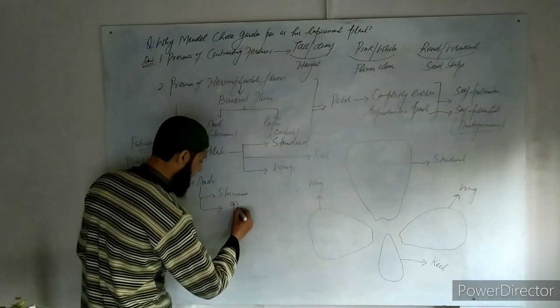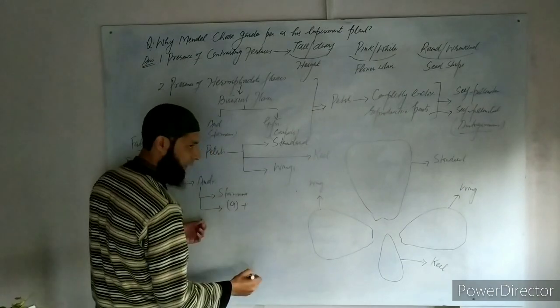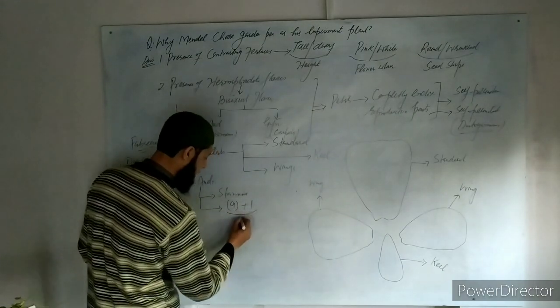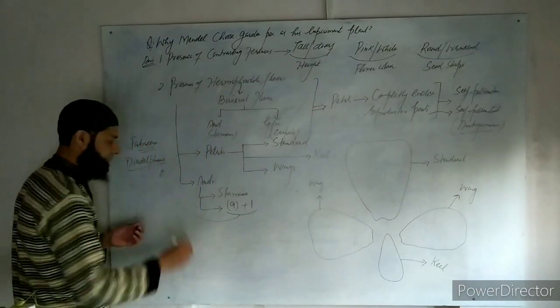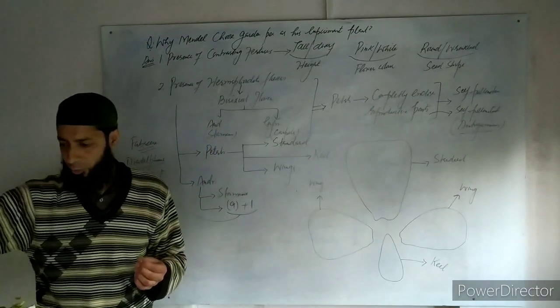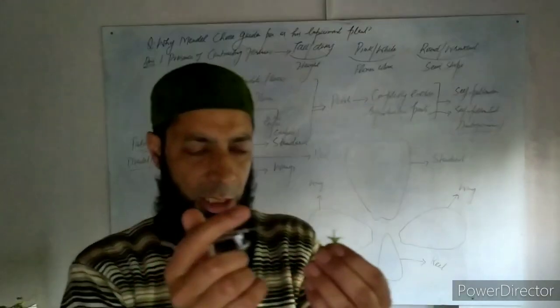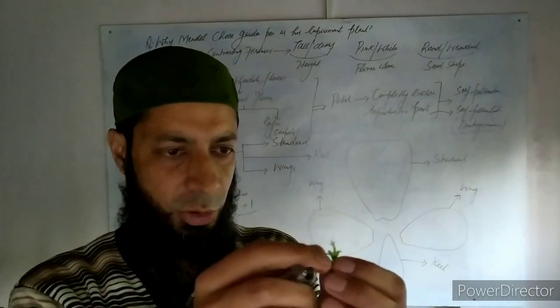One group contains 9 stamens plus another that is a single stamen. This 9 plus 1 arrangement is called Diadelphous condition, and it is specific in case of family Fabaceae. And Pisum sativum also belongs to family Fabaceae.